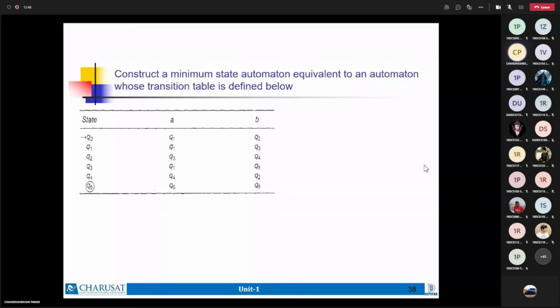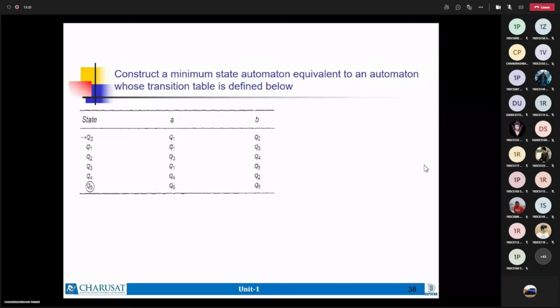There is a procedure labeled as minimization of finite automata, and with the help of these steps we minimize the number of states. Within the problem statement, either a transition diagram or a transition table is provided, and using it you have to minimize the given finite automata.